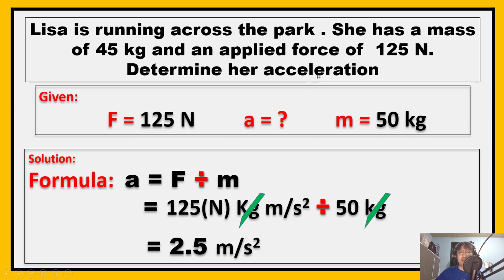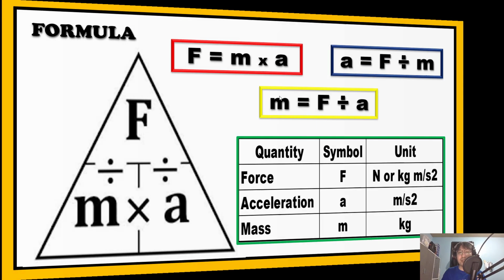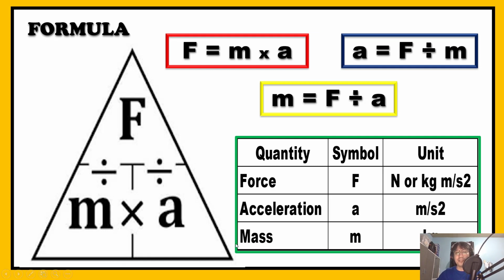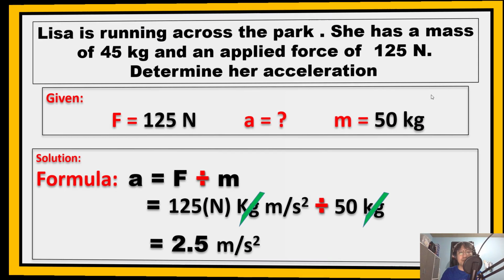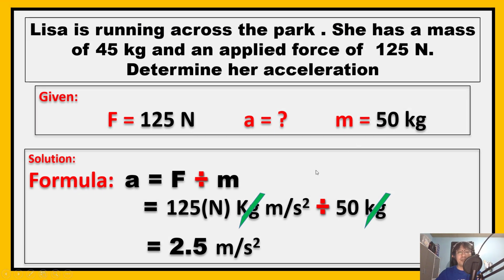We are asked to find the acceleration using the reference, which is the delta here. Finding the acceleration, you need to get the quotient of force and mass. So force divided by mass.